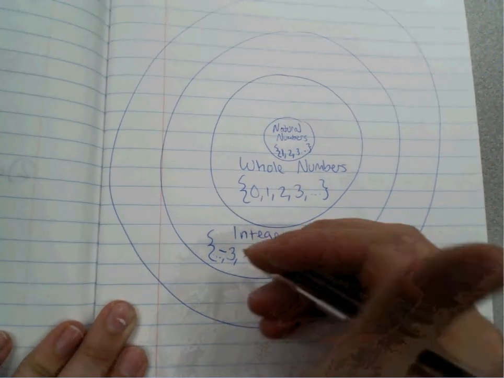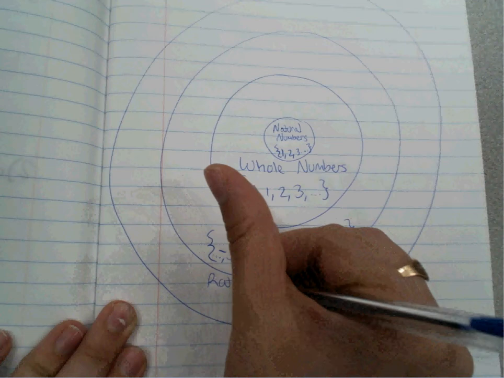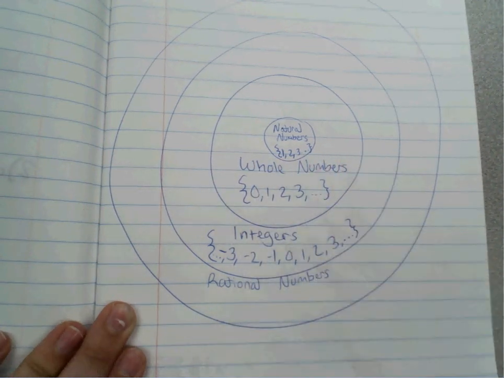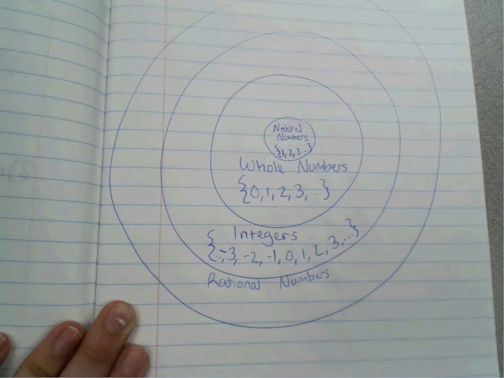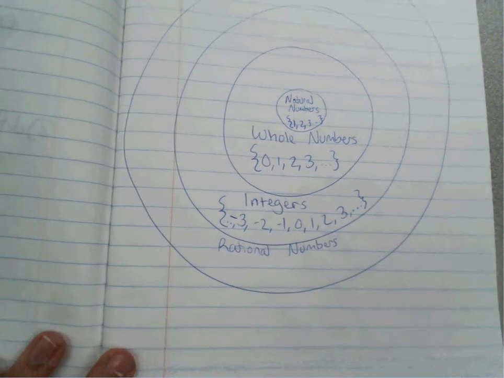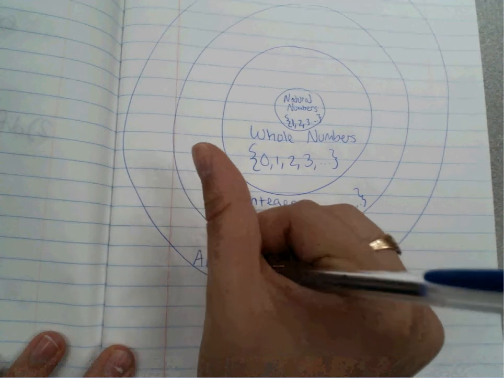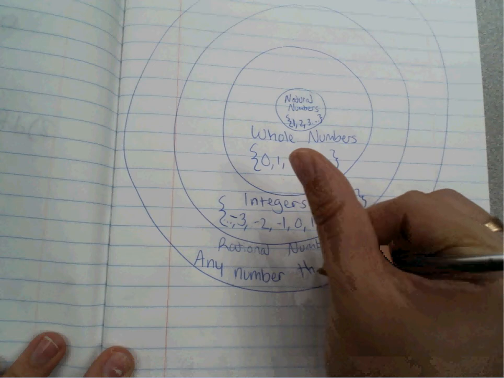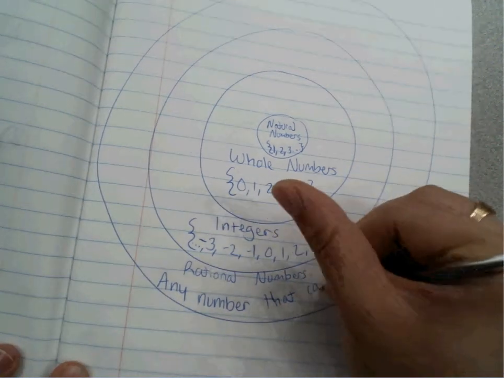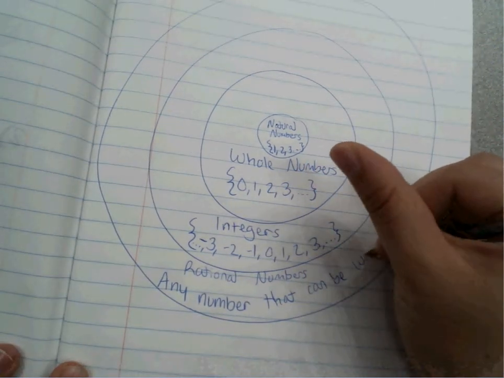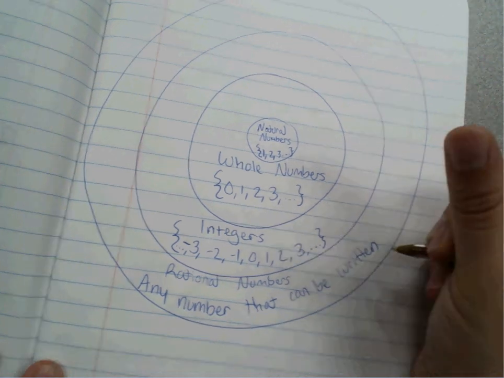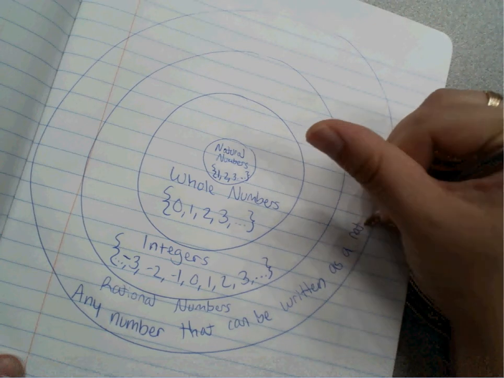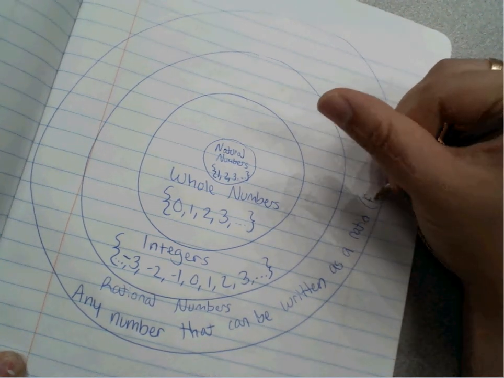Now rational numbers. These are any number that can be written as a ratio, or really a fraction.